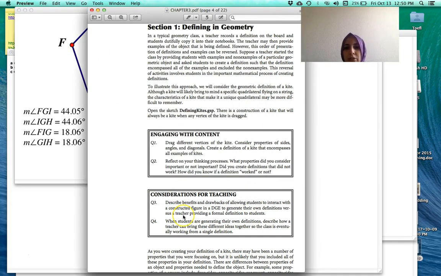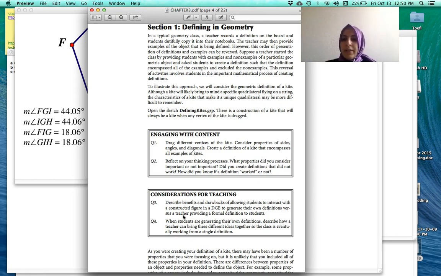Okay, go to question 3. Describe benefits and drawbacks of allowing students to interact with a constructed figure in a DGE to generate their own definitions versus a teacher providing a formal definition to students.